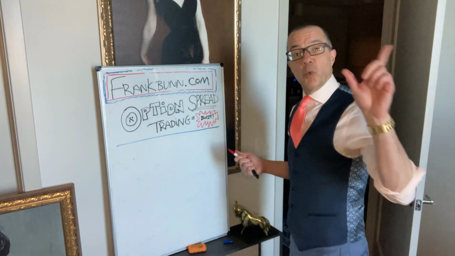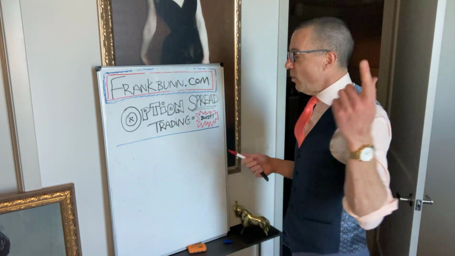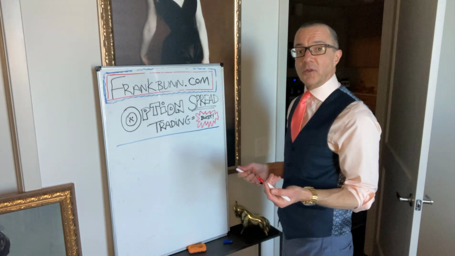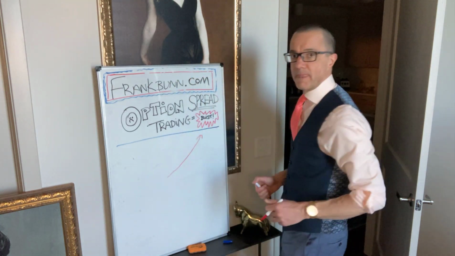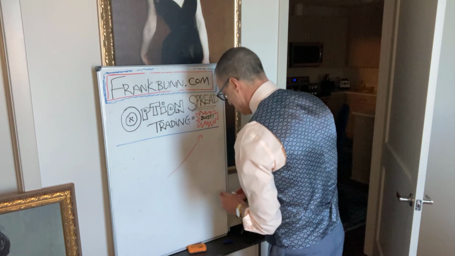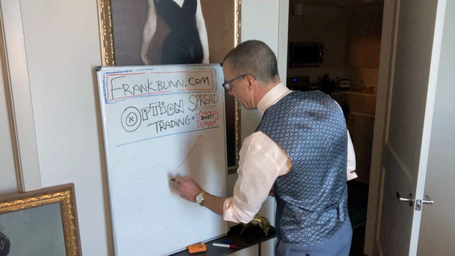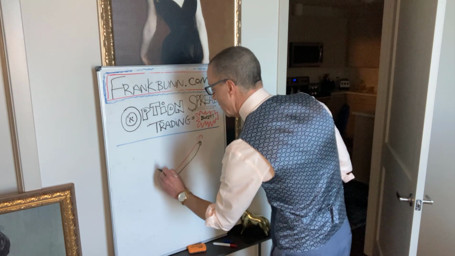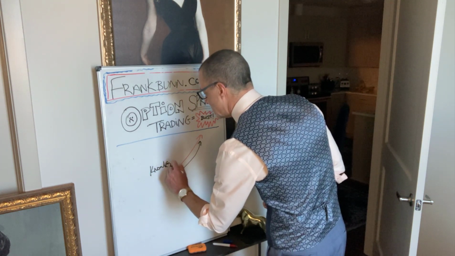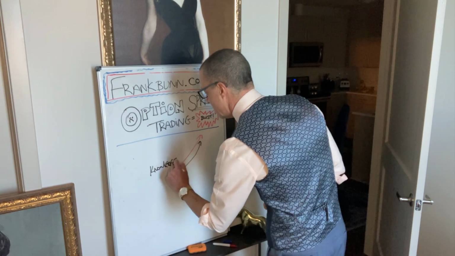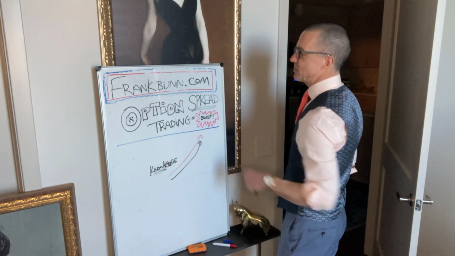This is a problem. So what do you need to do to make it work? Well, you need to know which way the wind is blowing. That means you need to understand direction. You need to know what the price is likely to do in the near future. If you do have this knowledge and you can take low risk trades, you can make spreads work.